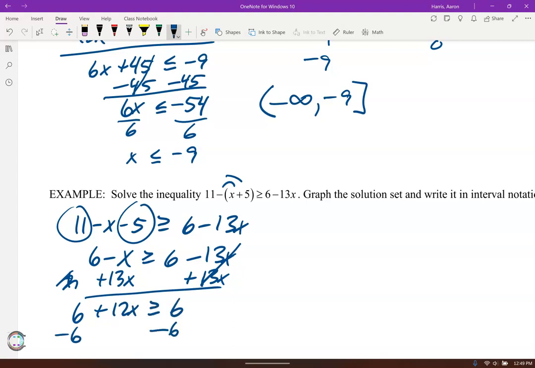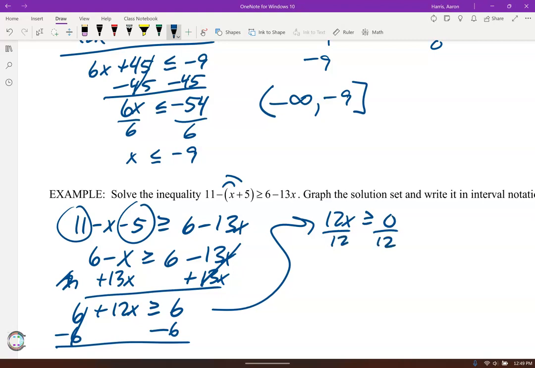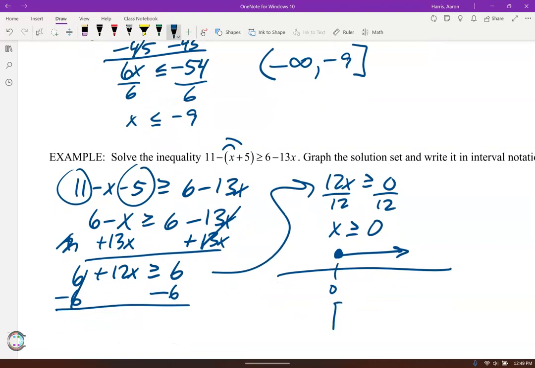Get all the numbers on the other side. So now I got 12x greater than or equal to 0. Divided by 12, it's a positive number, so it's still greater than or equal to 0. 0 divided by anything is 0. So x is greater than or equal to 0. And our interval would be from 0 on to infinity, including the 0.